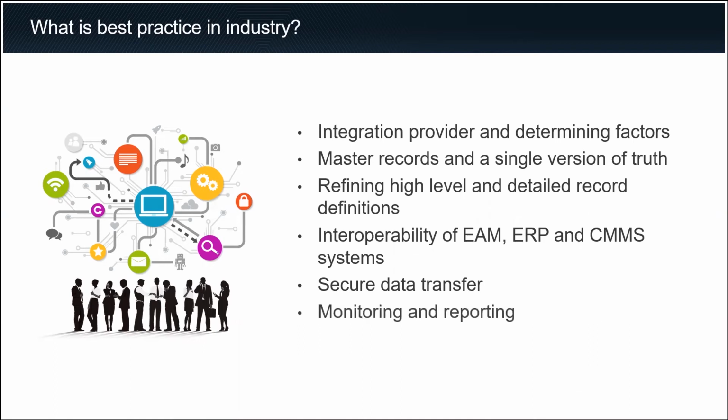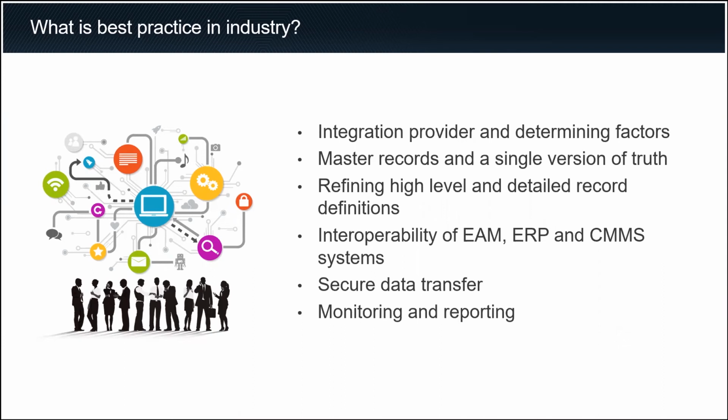And one of the last main points in industry is monitoring and reporting. What's important in this case is that it's absolutely crucial that, as I mentioned, you actually have a system health monitor, and that you have a good view of what's happening with your processes, and if something fails, that you have a process to follow to solve what may go wrong.